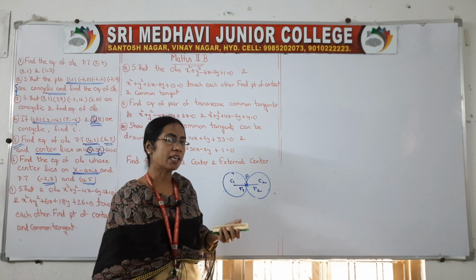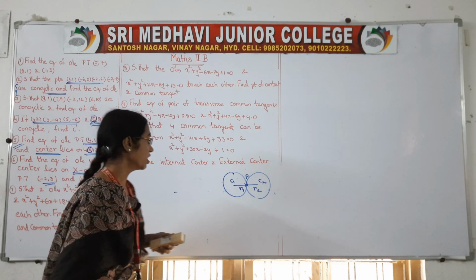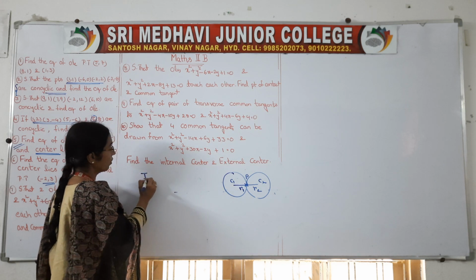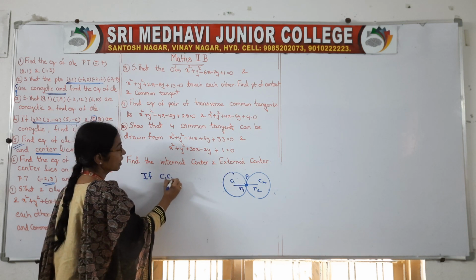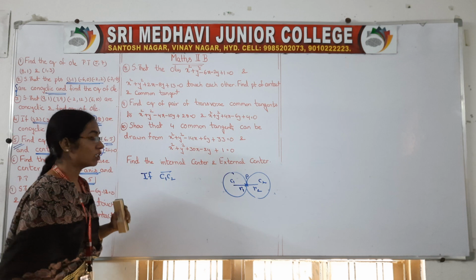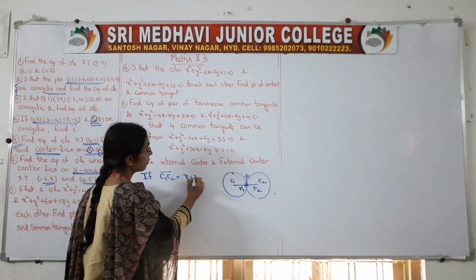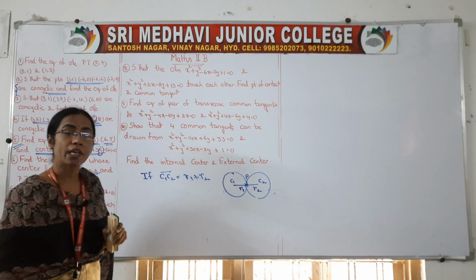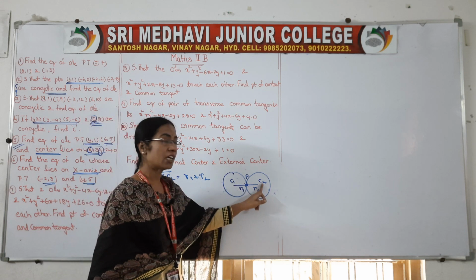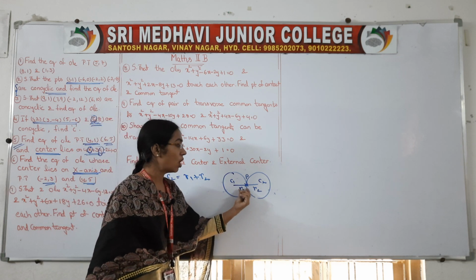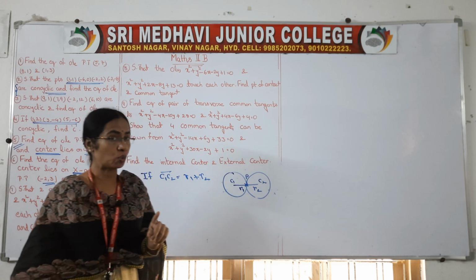So when can we say that two circles touch each other? If the distance between the centers C1, C2 is equal to R1 plus R2, right? The distance between C1 and C2 is equal to R1 plus R2, okay?